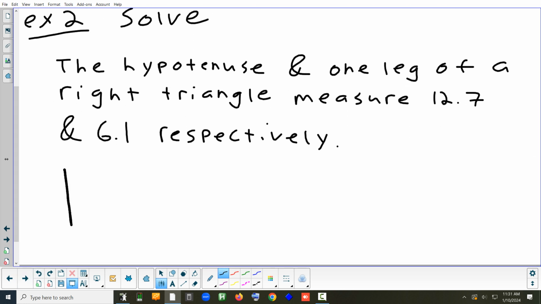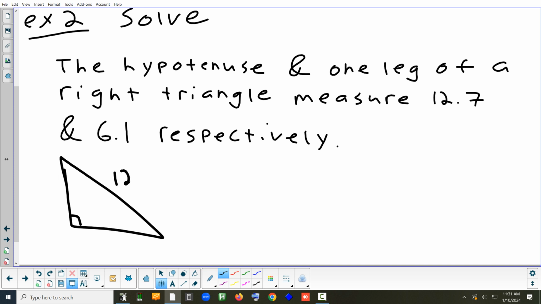Okay, so draw your triangle. They don't tell you which side is A and B. Well, they do tell me one of these numbers is the hypotenuse and one of them is a leg. Which of those two numbers has to be the hypotenuse?